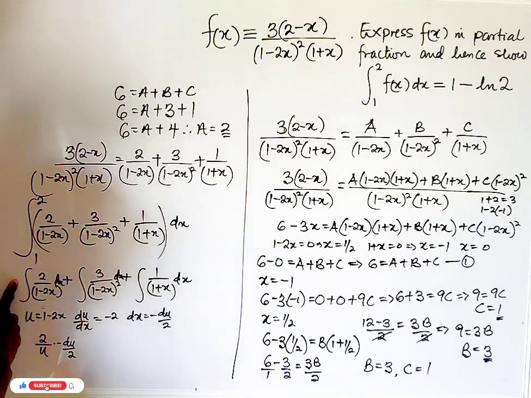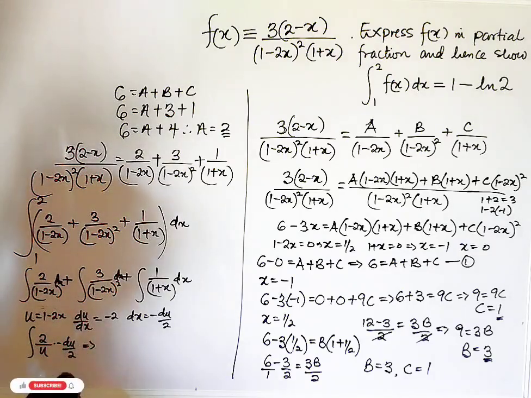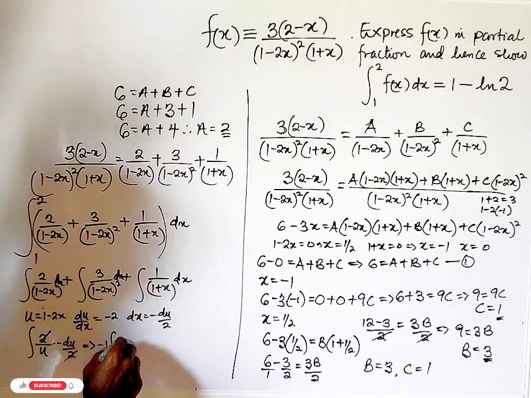So here we have this 2 eliminating these 2, so we are now left with the integral of minus 1, which is this minus, then integral 1 all over u du.